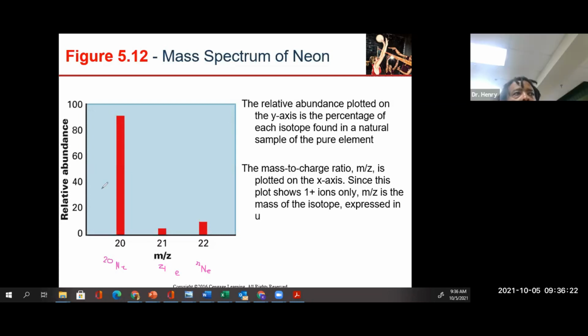If we take a look at this, this is the relative abundance of each of the different neon ions. Neon-20 is probably about 92%. Neon-21, I'm going to say is probably about 2%. And then neon-22 is probably about 8%.